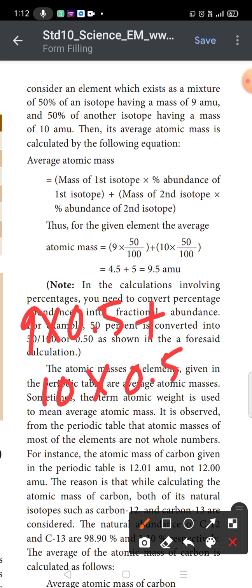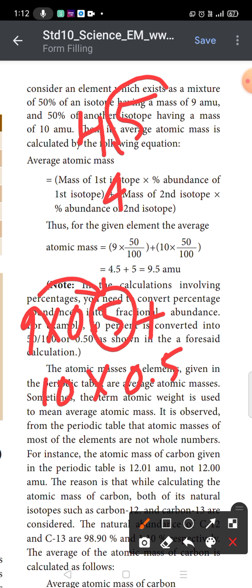So 9 into 5, make it a whole number, and then you just remove the decimal while you are multiplying. 9 5s are 45. After the decimal point only one digit is there, so one digit we have to move forward, so we will get 4.5, and then plus here 10 into 0.5, forget this decimal and think of this as 5, so 10 into 5 we will get 50.